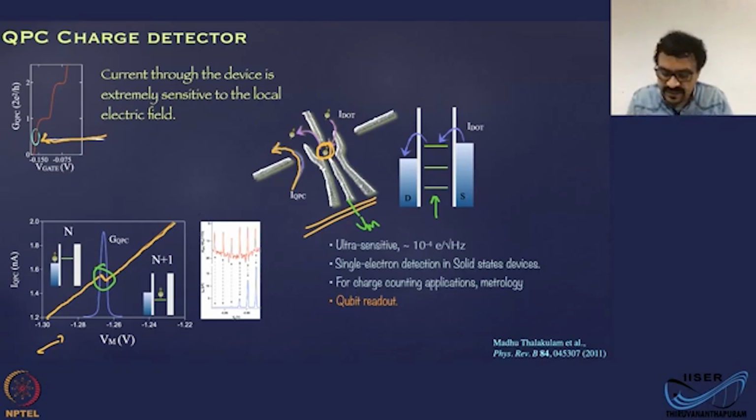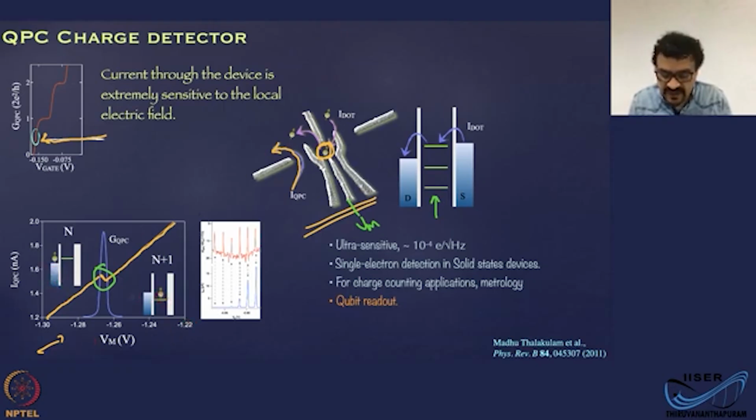So what that means is, if you sweep this level up, one electron will jump out, or the charge state of the dot will change. If it had n electrons, then it will have n minus 1 electrons. If it had n plus 1 electrons, then you will have n electrons. So on this side, you have n plus 1 electrons, and on this side, you have n electrons.